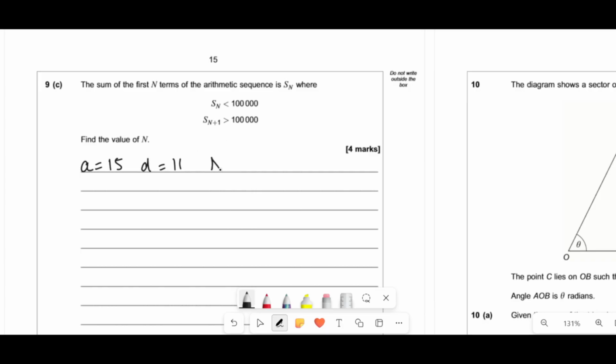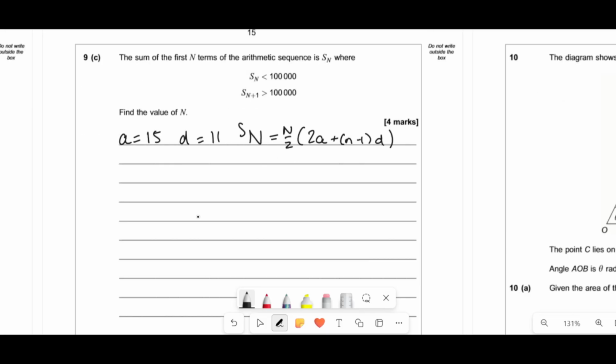So the sum of any n terms is going to be n over 2, 2a plus n minus 1 d. So in this circumstance, n over 2, 2a, well, that's 30, plus n minus 1 d, so 11, and we don't know what the n is, n minus 1, is less than 100,000.